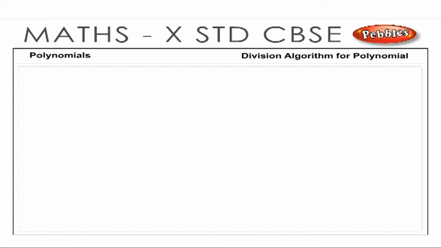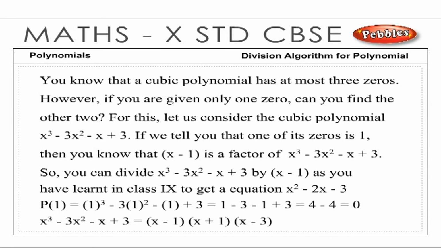Division algorithm for polynomials. We know that a cubic polynomial has at most 3 zeros. However, if we are given only one zero, can we find the other two? For this, let us consider the cubic polynomial x cubed minus 3x squared minus x plus 3. If we consider that one of its zeros is 1, then we know that x minus 1 is a factor of x cubed minus 3x squared minus x plus 3.